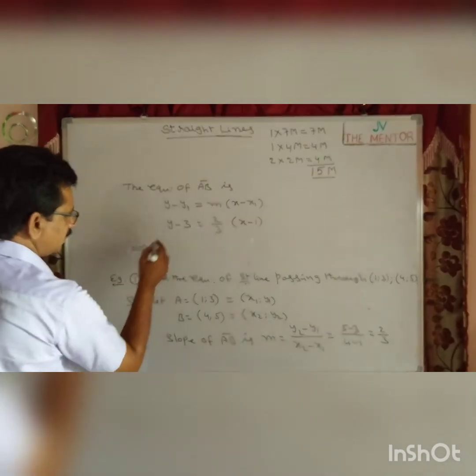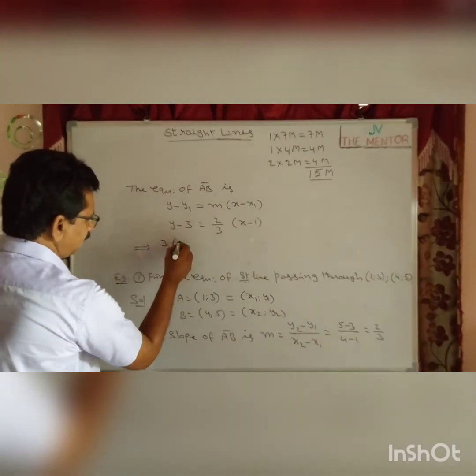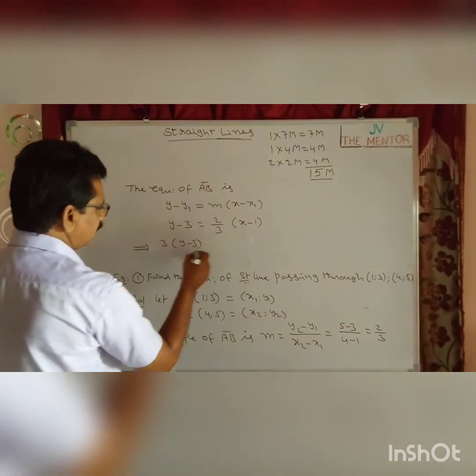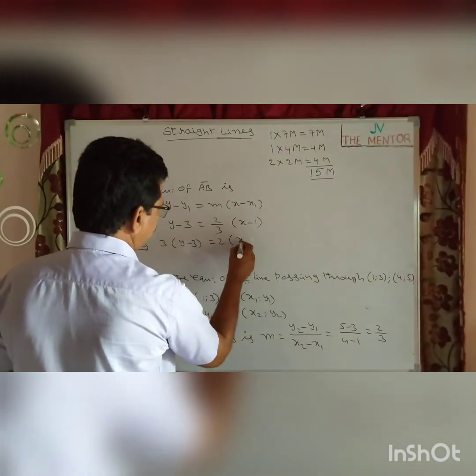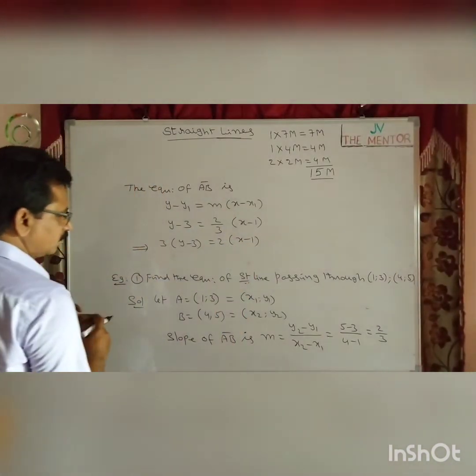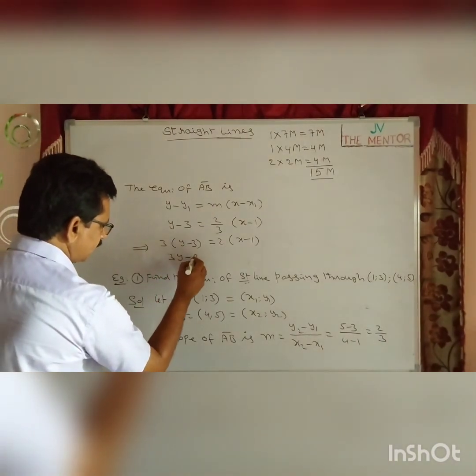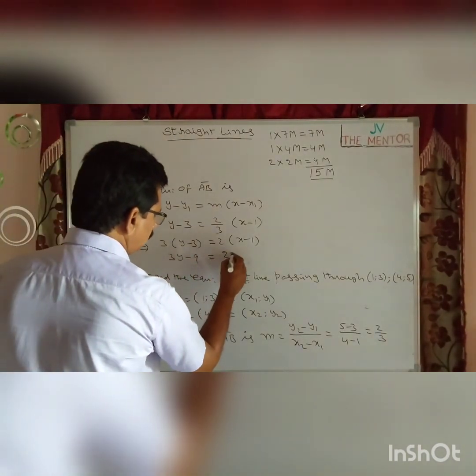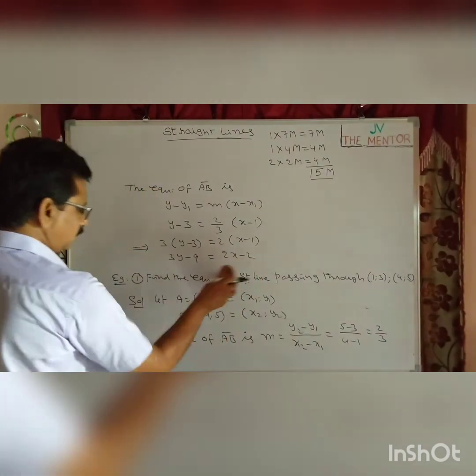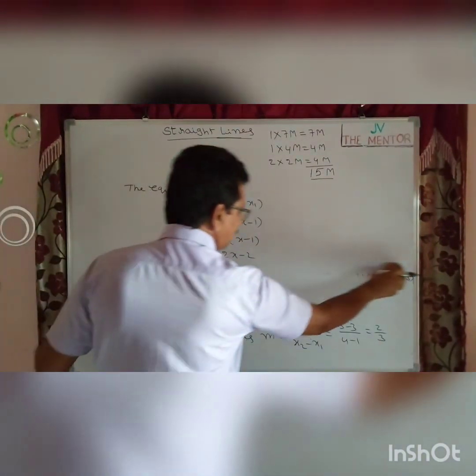Now do cross multiplication. 3 into y minus 3 equal to 2 into x minus 1. Multiplying with 3, 3y minus 9 equal to 2x minus 2.